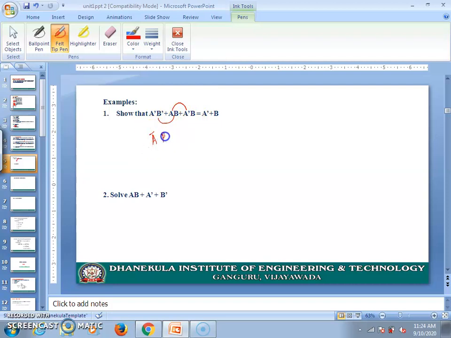A bar B bar plus, I am taking B as common here. If I take B as common, here it is A plus A bar. From OR laws, we know that A plus A bar is equal to 1. So in this place, A plus A bar is replaced by 1.